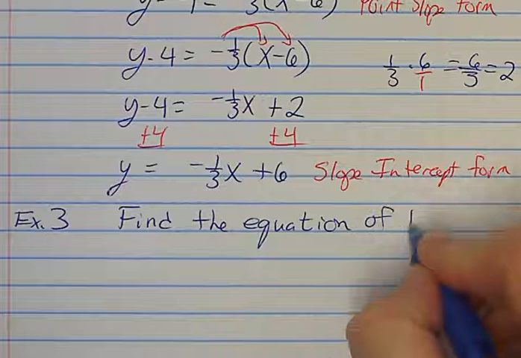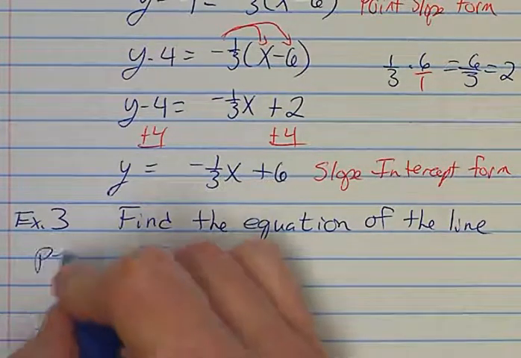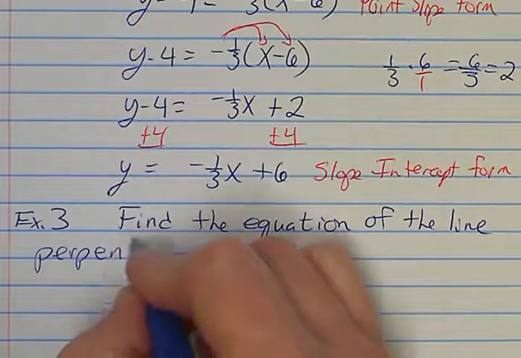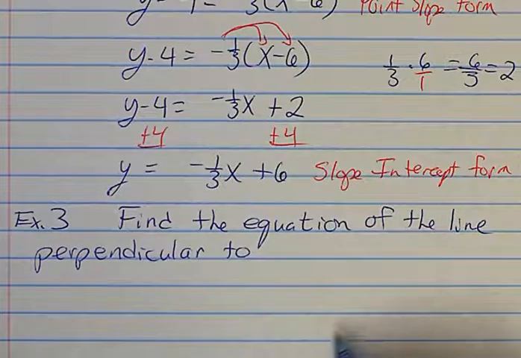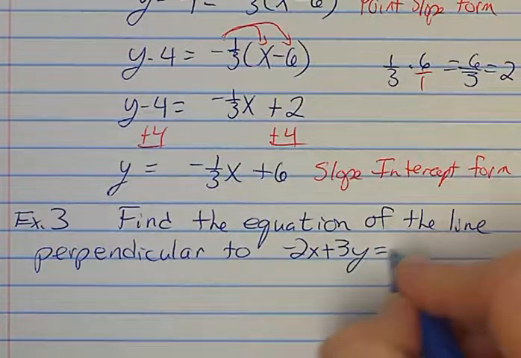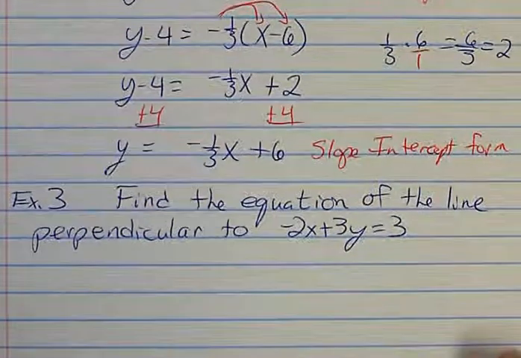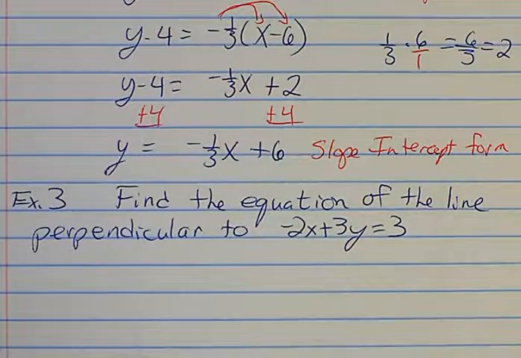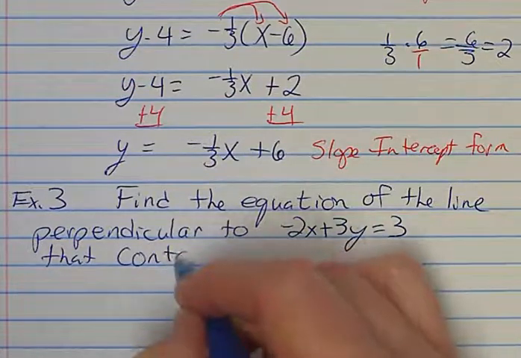Find the equation of the line. This one we'll do perpendicular again. So we'll go perpendicular to negative 2x plus 3y equals 3 that contains the point.